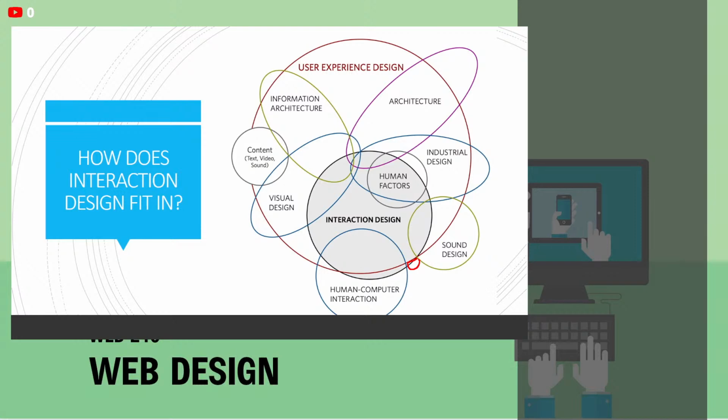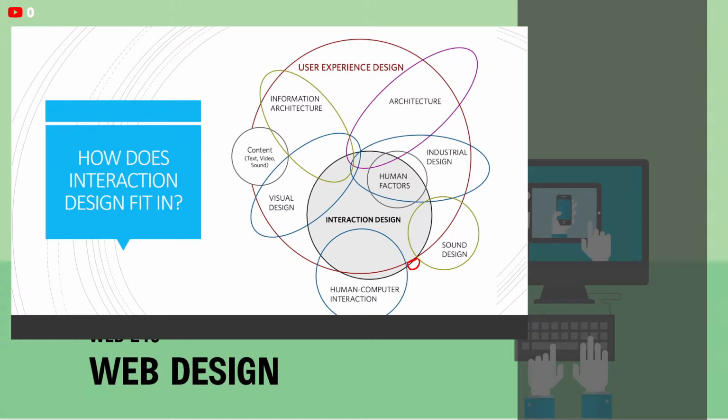Because if you're doing user experience design, interaction is or should be wholly consumed within user experience design. So this could just be a bit of a quirk. I didn't make this chart, just for full disclosure. I got this chart from somewhere because I thought it represented things very well.